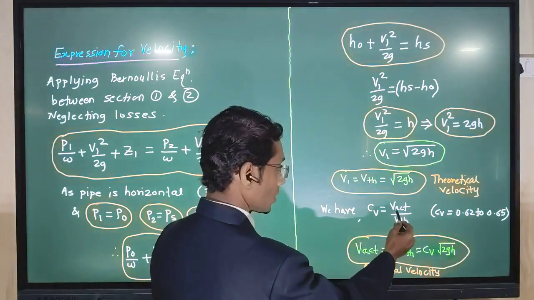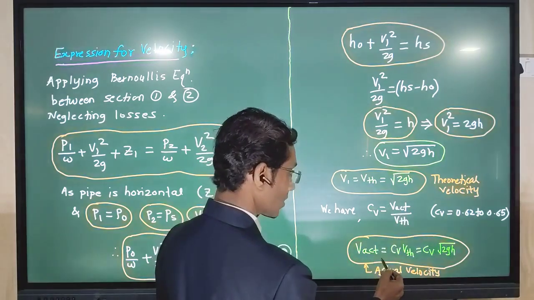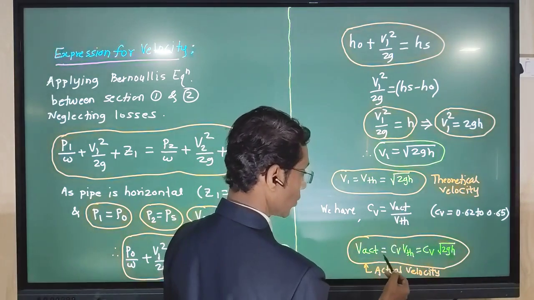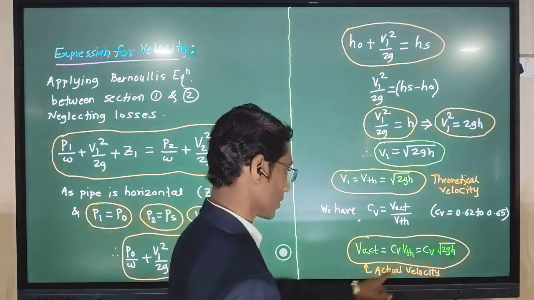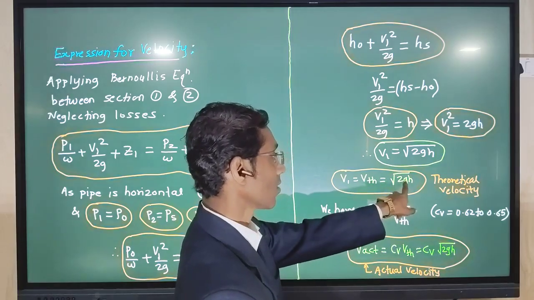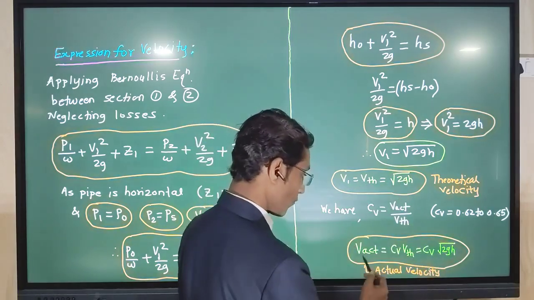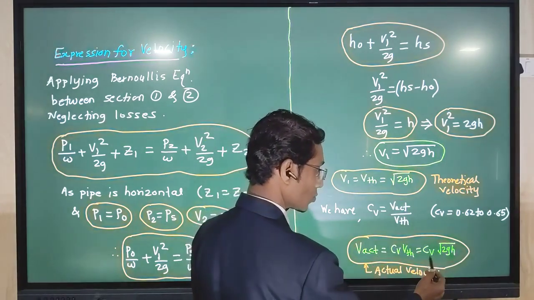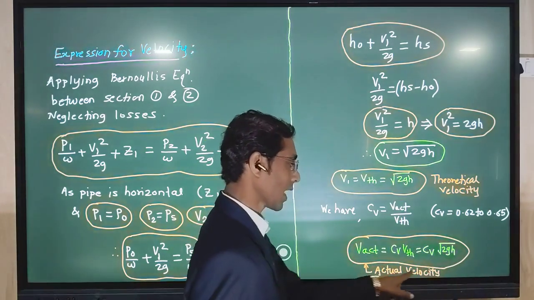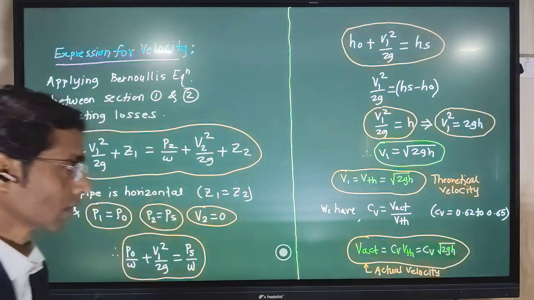So V actual is equal to CV into theoretical velocity. Substituting the expression for theoretical velocity, we find V actual is equal to CV into square root of 2GH, which is the formula for actual velocity.